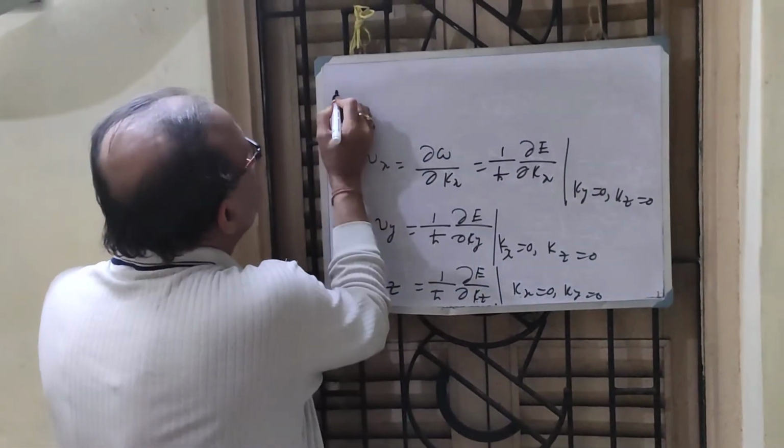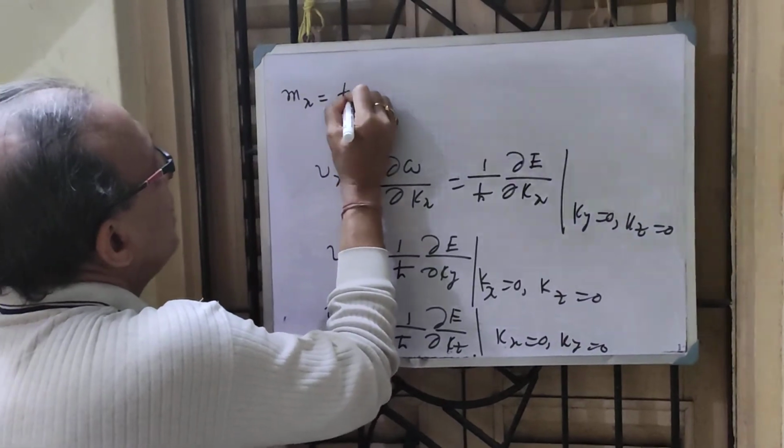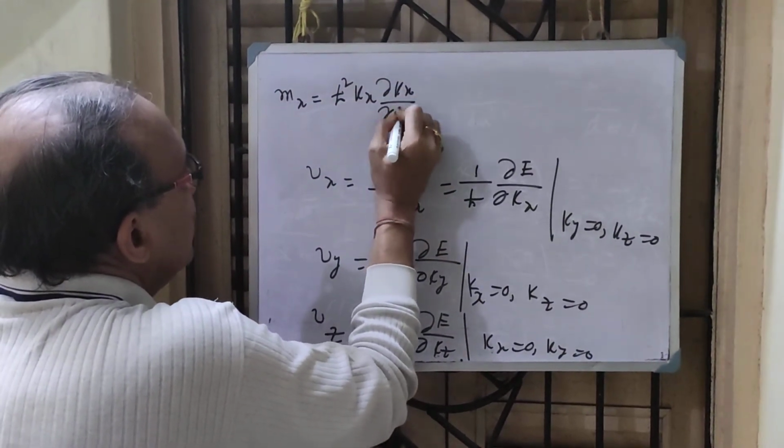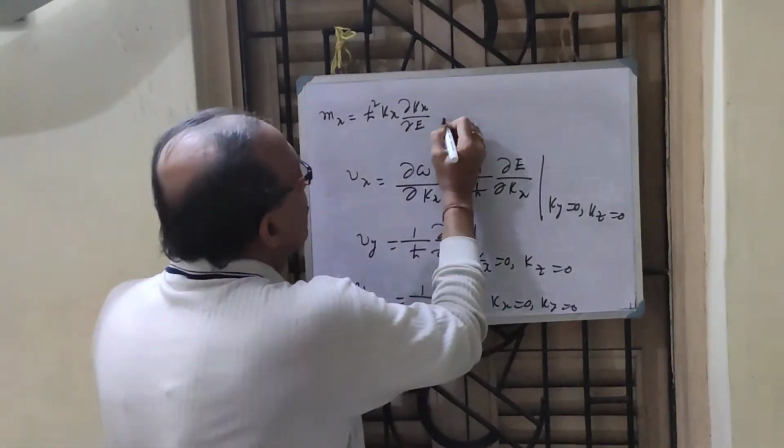Therefore, effective mass along x direction is 1 by mx star equals 1 by h bar square d by dkx of kx dE by dkx, with the ky and kz components 0.